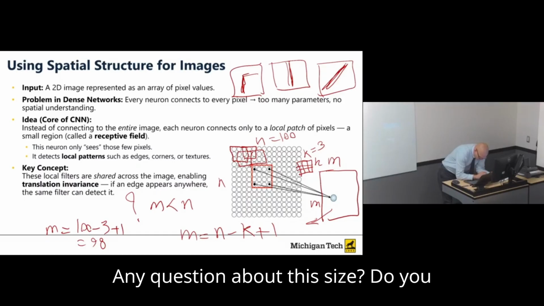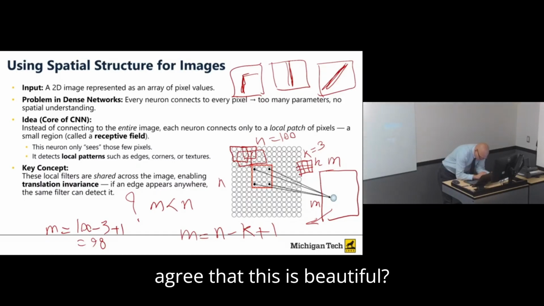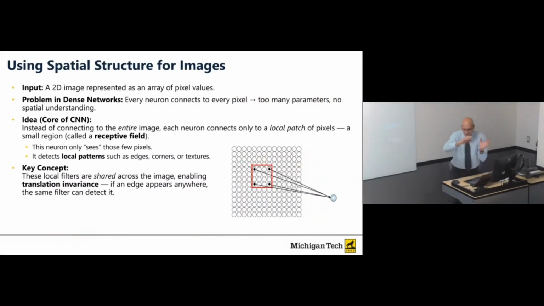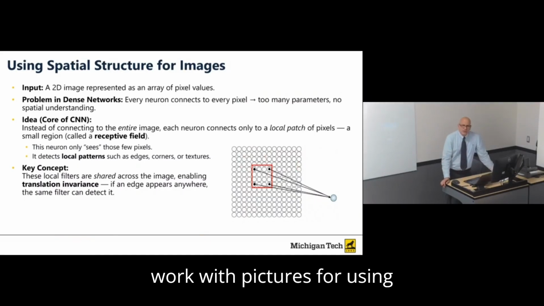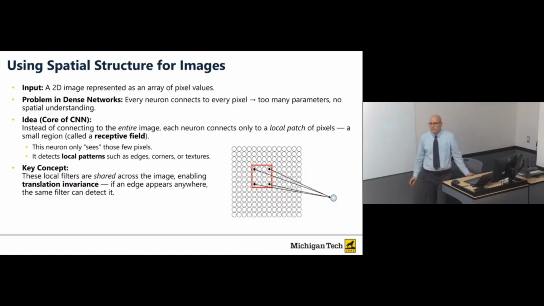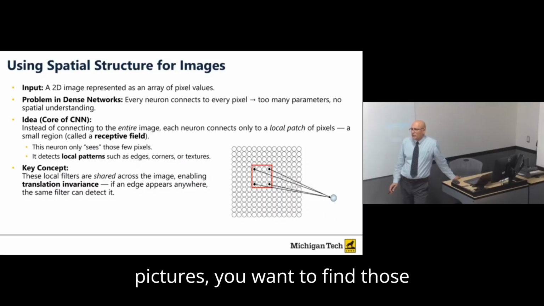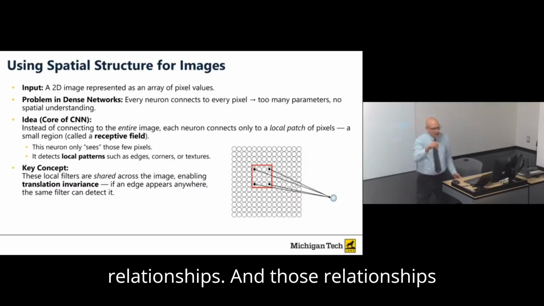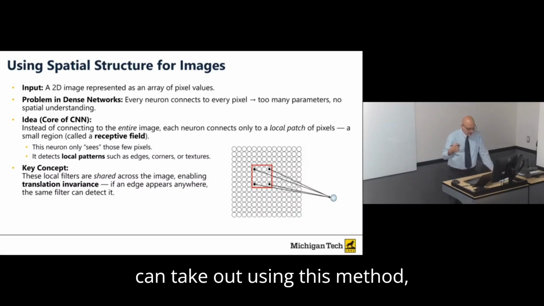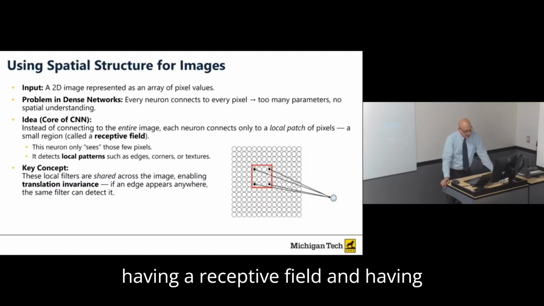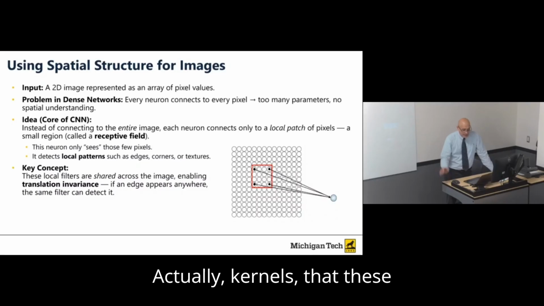Okay. Any questions about this size? Do you agree that this is a good way to work with pictures using convolution? It's a good way because in pictures you want to find those relationships, and those relationships can be taken out using convolution, having a receptive field and having kernels.